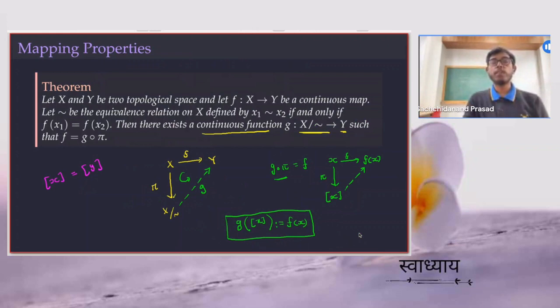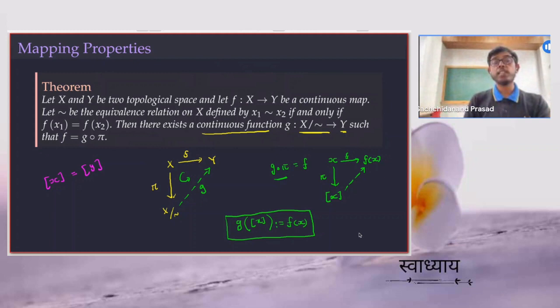So see, we got a very nice result: whenever we have a continuous function between two topological spaces X and Y, the only requirement is that f should preserve the equivalence relation. If it does, then that will induce a map on the quotient space.